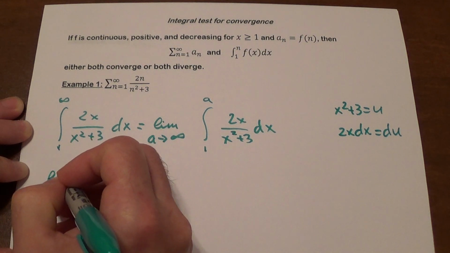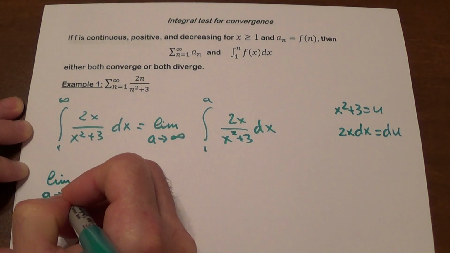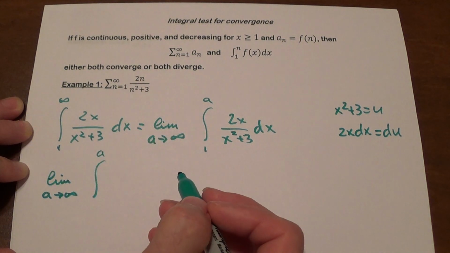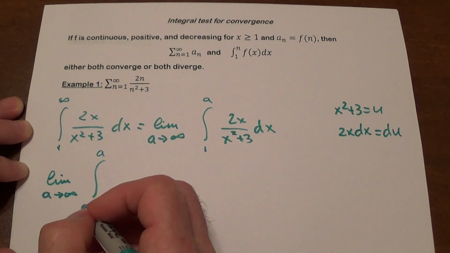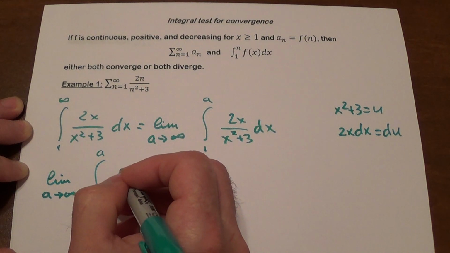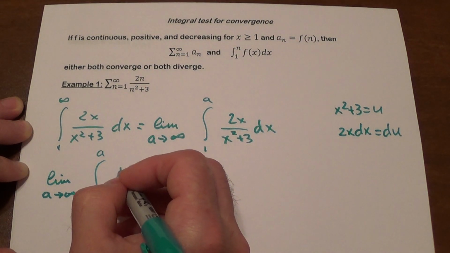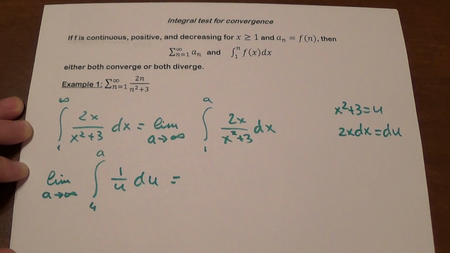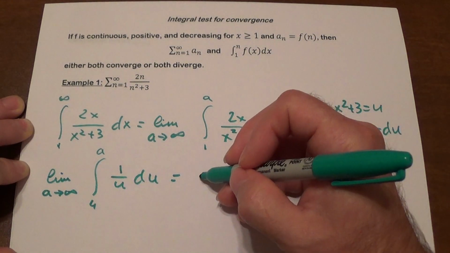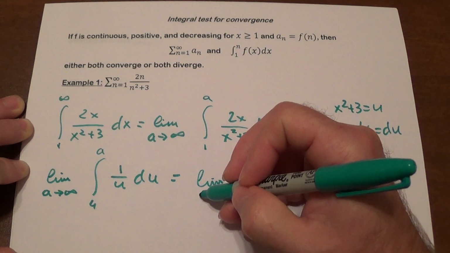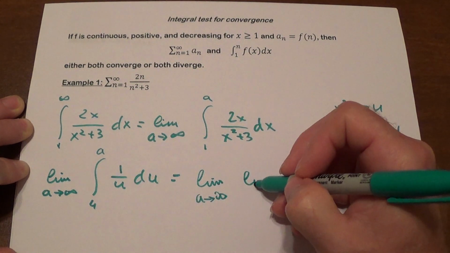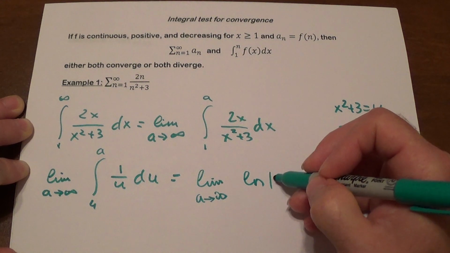So the limit as a approaches infinity of the integral. The upper limit is still infinity, the lower limit will be 4. And that is going to be 1 over u du. And then that will be the limit as a approaches infinity of the natural log of the absolute value of u.